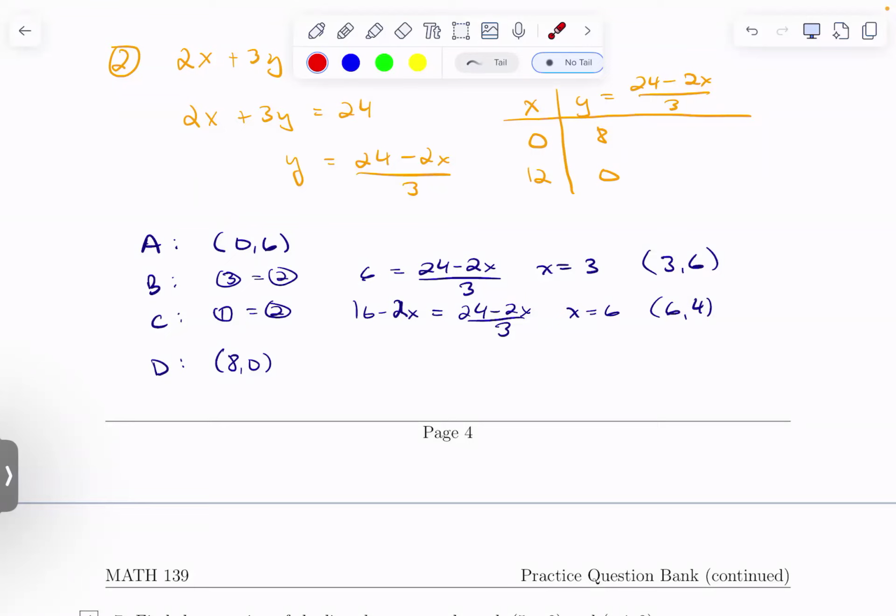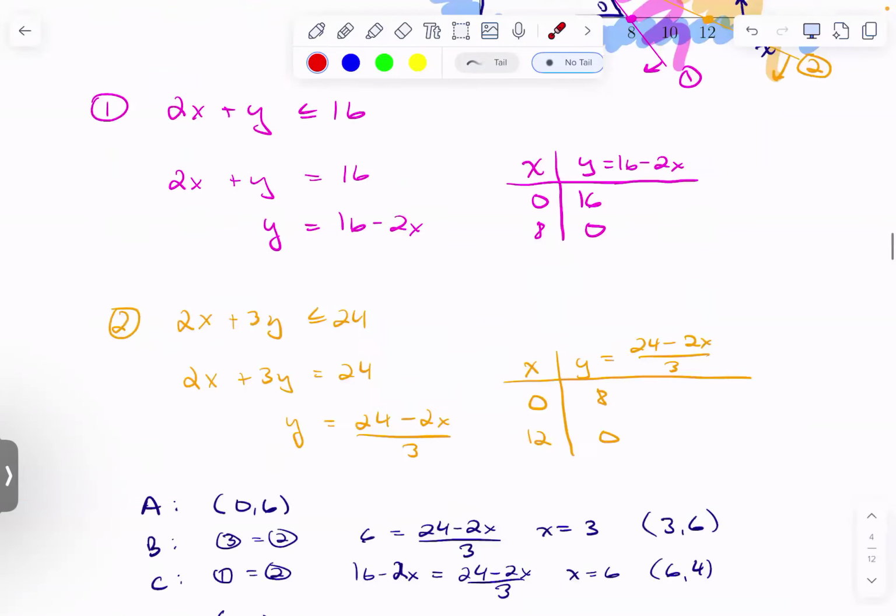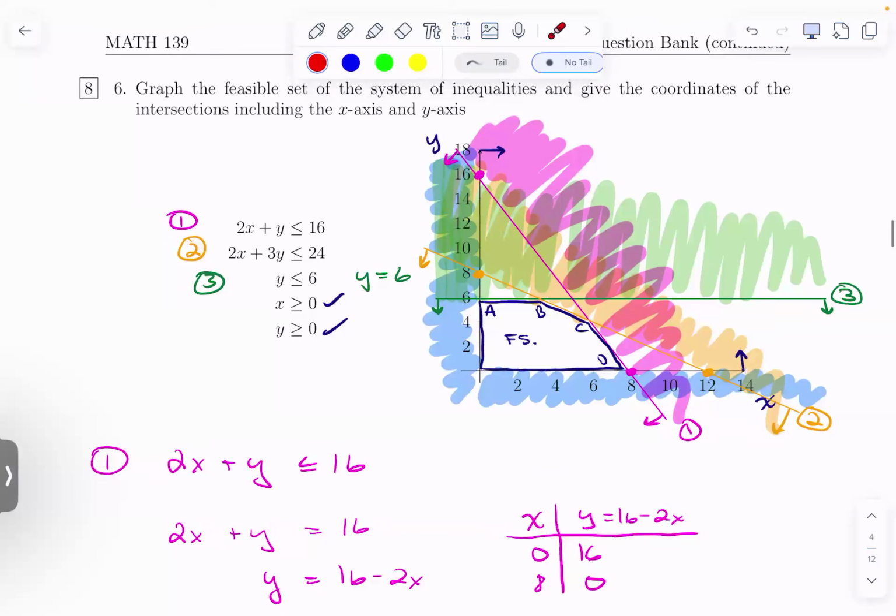Where did you get the 3 equals 2 for B? The first part? So for intersection B, it's where the line 3 is going to be equal to the line 2. What about on C where it's 4?